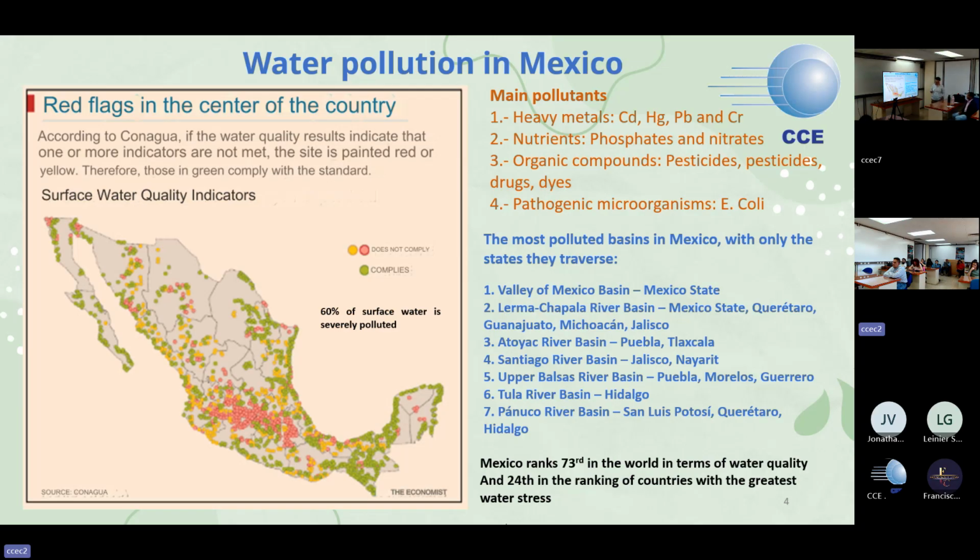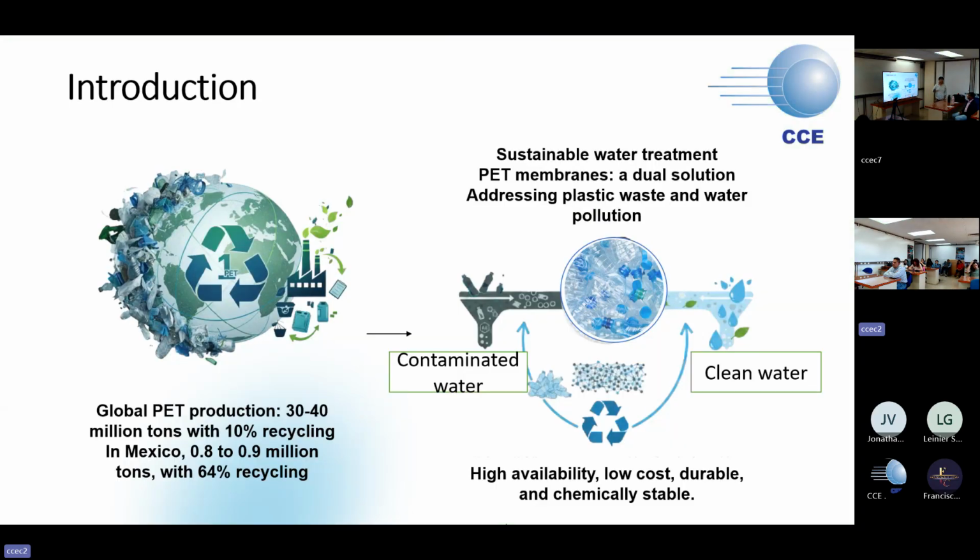So it's very hard. Well, the proposal is to reuse PET bottles. This is a product that is produced globally at between 30 and 40 million tons, and only 10% of this material is recycled.